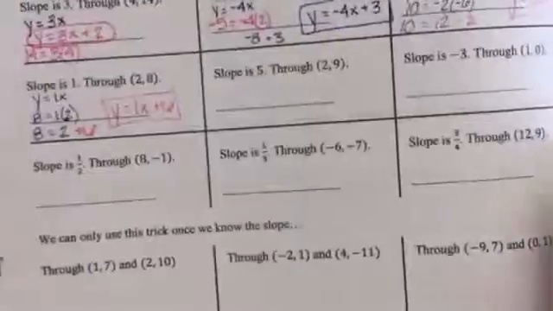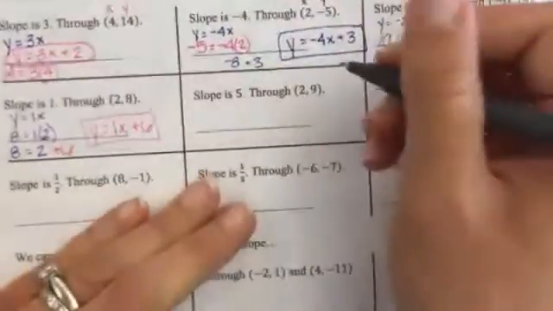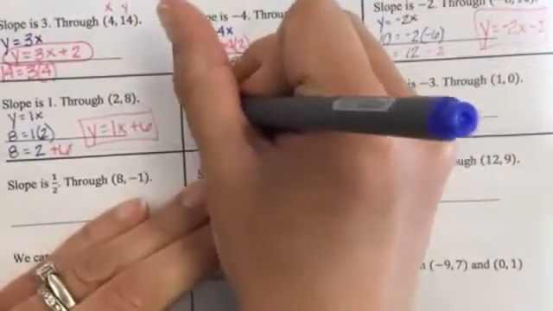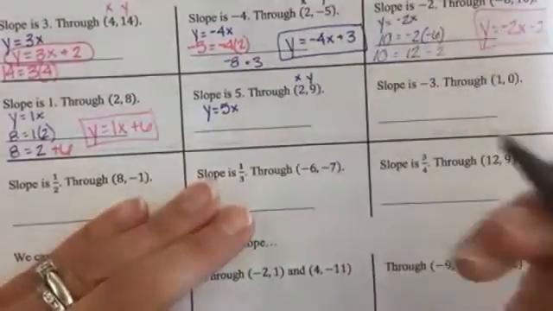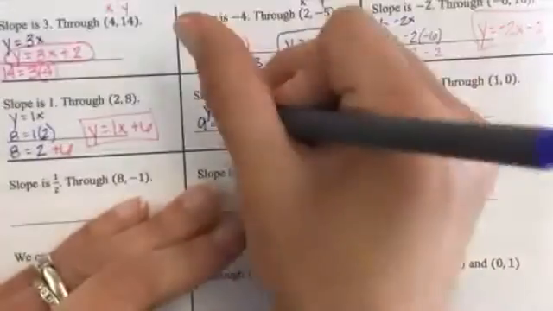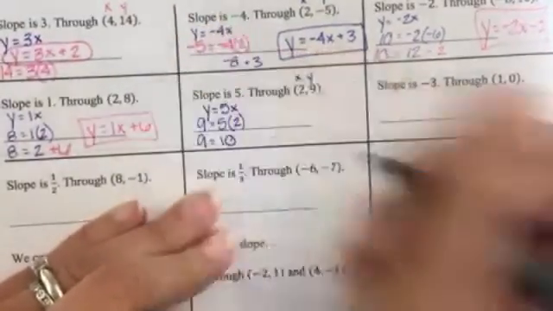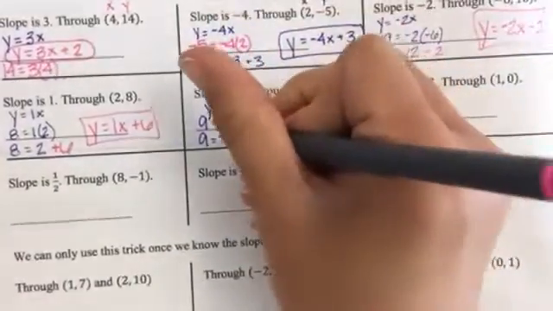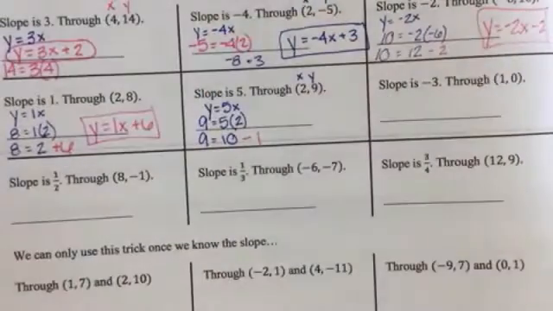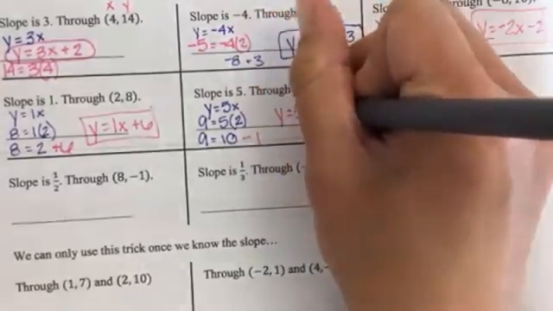Better? You want me to keep doing them? Y is 5x. 9 goes in for y, 2 goes in for x. 9 does not equal 10. Well, what do I have to do to get it to equal 9? Take away 1. So y equals 5x minus 1.